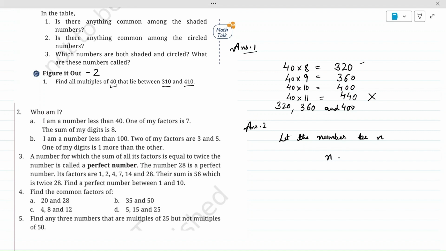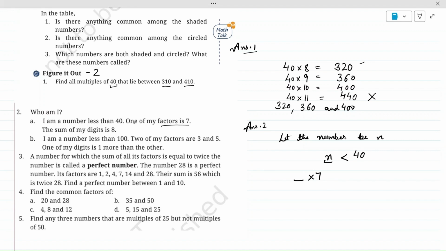I am a number less than 40. One of my factors is 7. That means this n has two parts. One part we don't know, the second part is 7. One factor we don't know, the second factor is 7. That means if we multiply 7 with this factor, we will get this number, right? That is the meaning of factor.